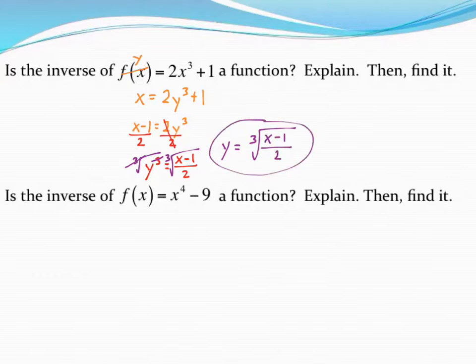So there's my inverse function, and it kind of makes sense that it would work out this way. Take a look. Our original function had a plus 1 in it, so it makes sense that my inverse has a minus 1 in it. They're opposites. My original function had me multiplying by 2. My inverse function has me dividing by 2. Again, they're inverses. And then finally, I had a third power. My inverse has a third root, so it kind of makes sense.